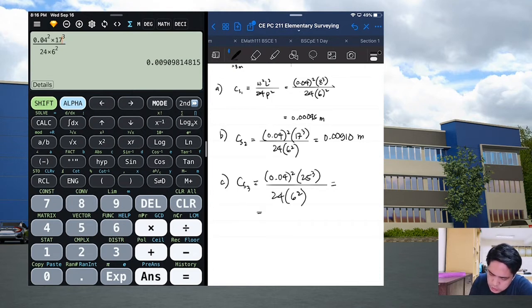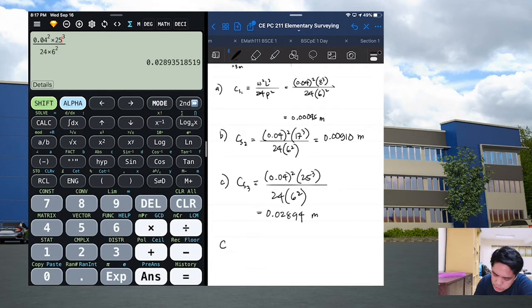We'll just change this to 25 and you have this answer. So you'll notice that the longer is the length, the bigger is the value of the correction. Syempre kasi bigger yung sag. So that's 0.0282894. That's in meters.